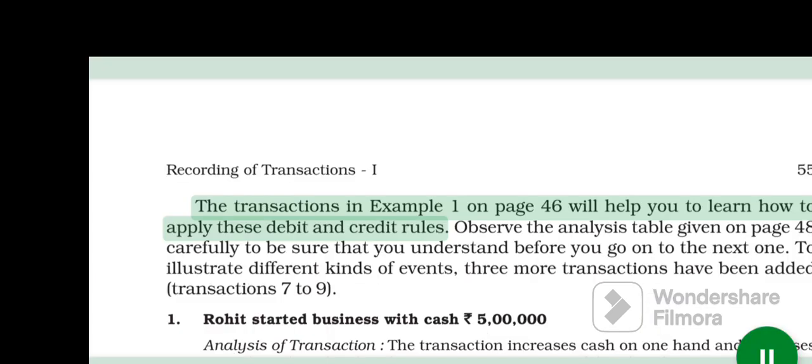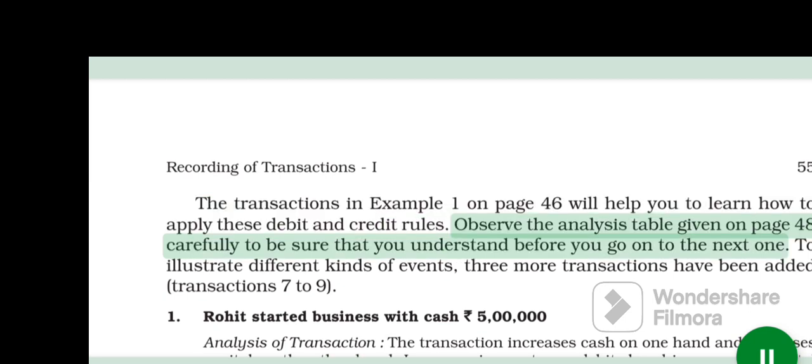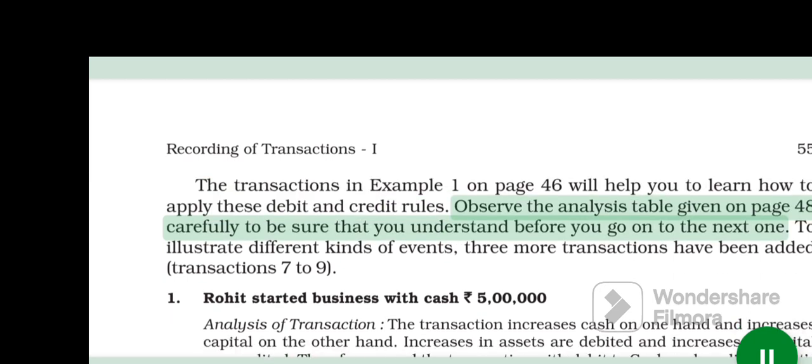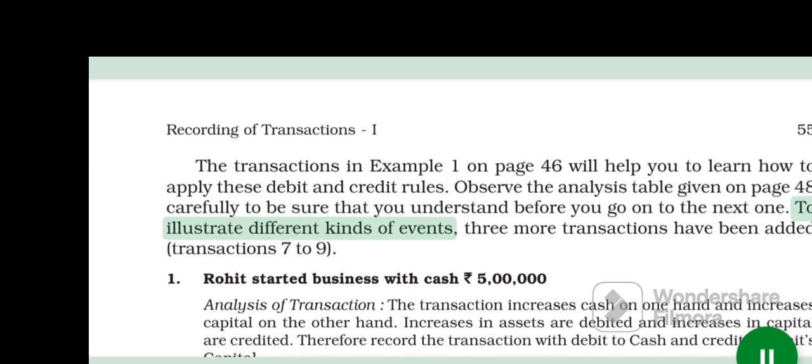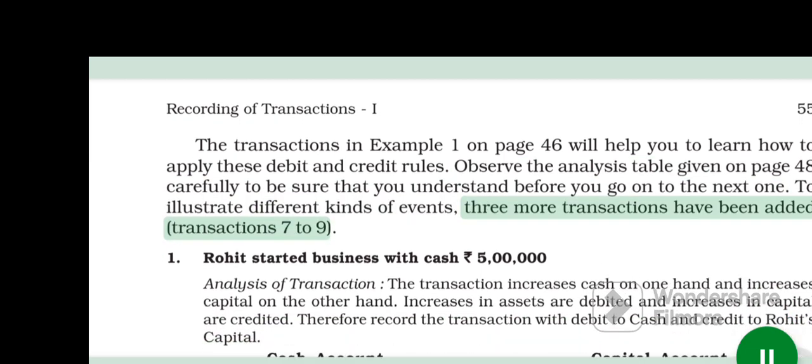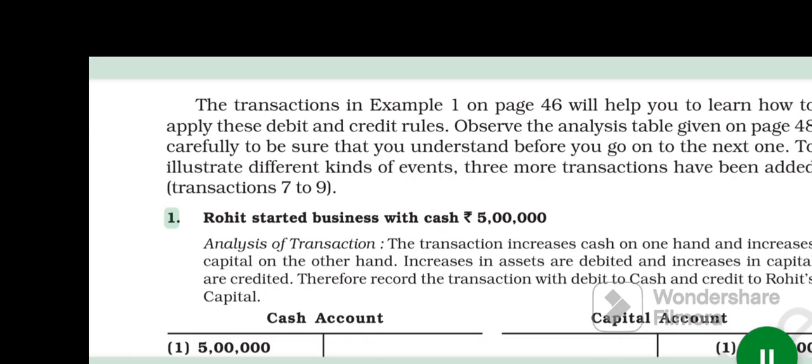Transactions in example 1 on page 46 will help you to learn how to apply these debit and credit rules. Observe the analysis table given on page 48 carefully to be sure that you understand before you go on to the next one. To illustrate different kinds of events, 3 more transactions have been added, transactions 7 to 9. 1.